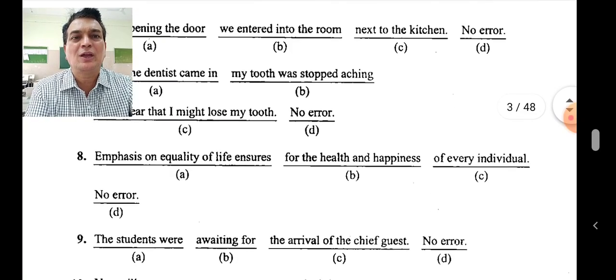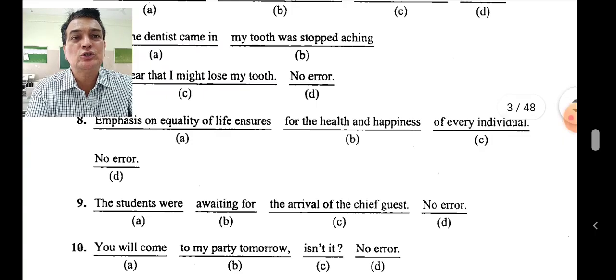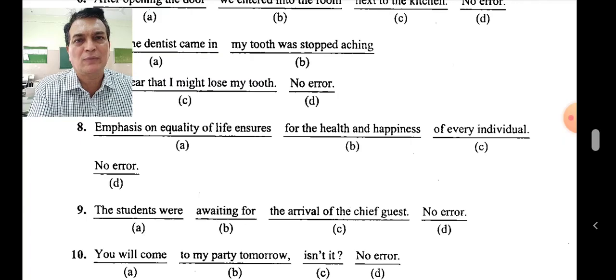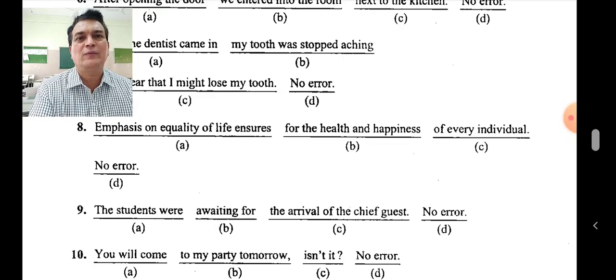Emphasis on equality of life ensures for the health and happiness. Emphasis on equality of life ensures the health and happiness. Ensures the health and happiness. For is not required. That preposition is not required. So many times the questions will appear on prepositions. So prepositions are very, very important.